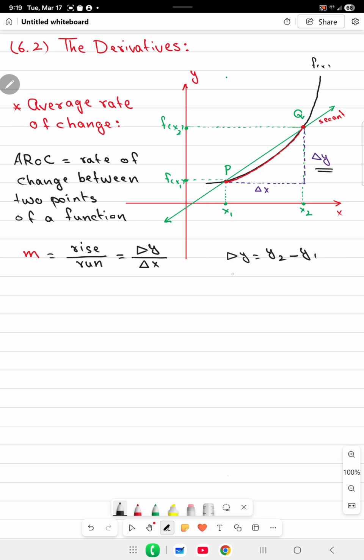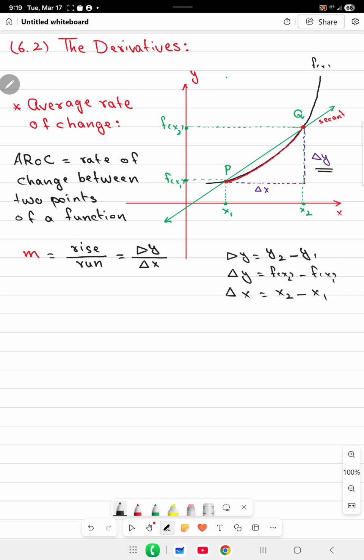Or in our case, because I changed the name, delta y will be f of x2 minus f of x1, which is the same as y2 minus y1. Delta x will be change in x. It means x2 minus x1.